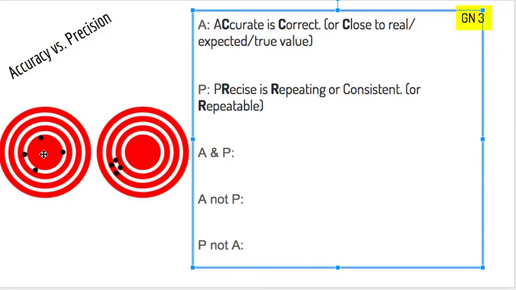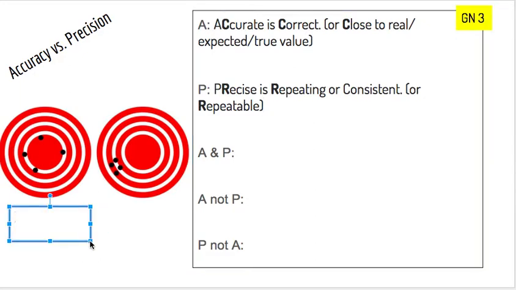arrangements. So on the left, we have results that are close to bullseye, but they are all kind of scattered. So we can say not consistent, not close together.